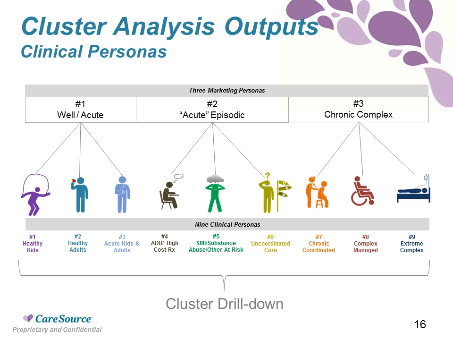And then the last 3 are, like I said, the traditional focus for care management. There are some nuances. Group 7, chronic coordinated, is managed more through medications. The complex managed in Group 8 is managed more through outpatient visits. And the extreme complex is those folks that have high hospitalization, largely bedridden, and things of that nature.